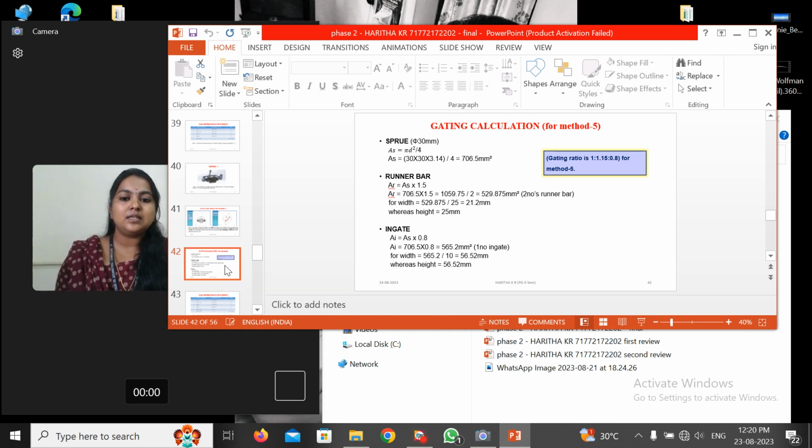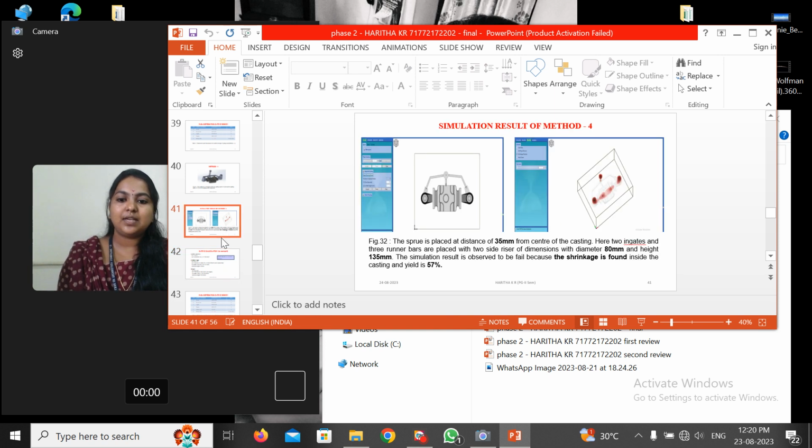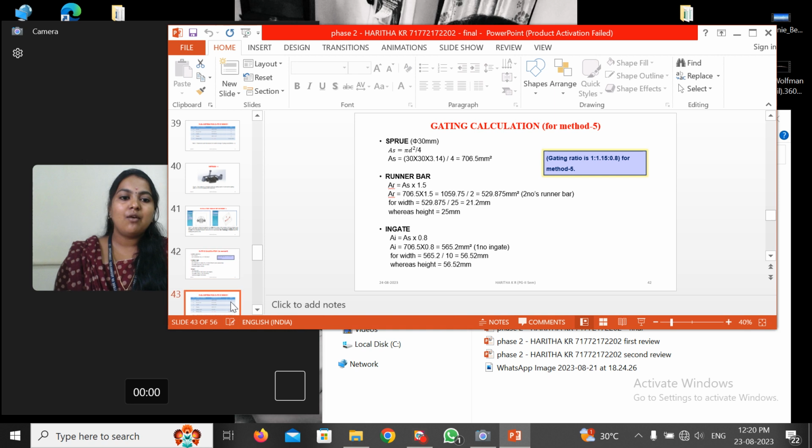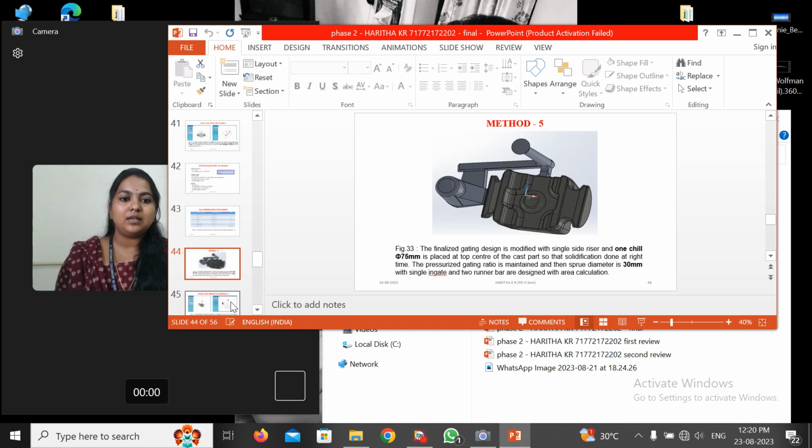Here only 57% yield is observed, but after the calculation for attaining the parameters of the gating design, this is the finalized method 5, with two ingates and one runner bar placed at a distance of 57 mm from the center of the sprue, and one side riser is used in the design of the gating.